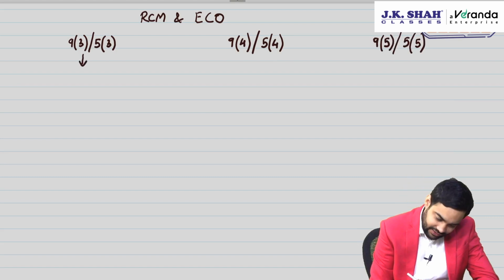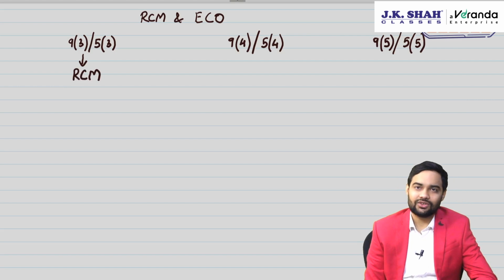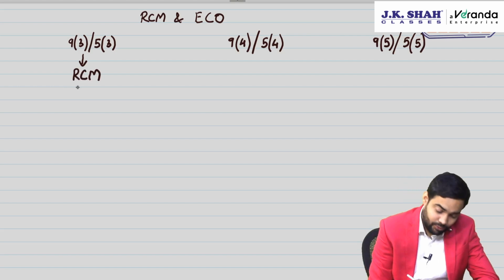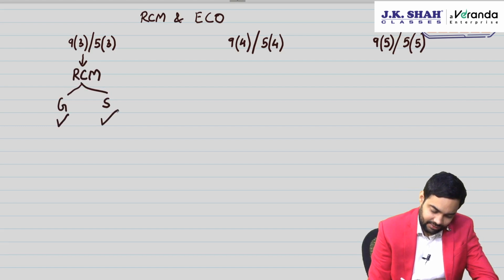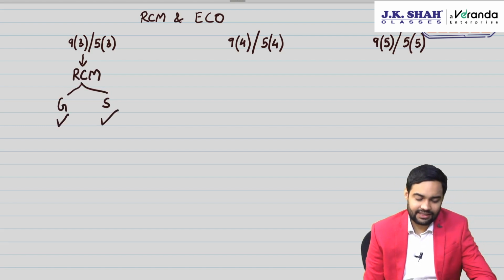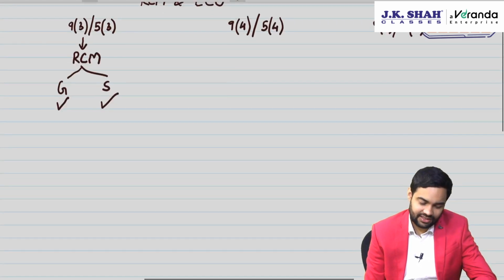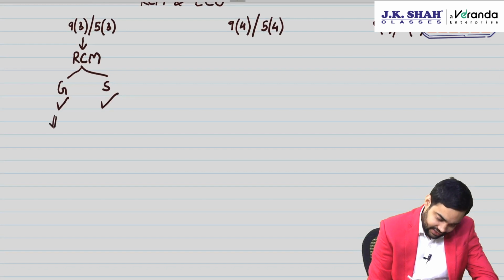Now 9.3 deals with reverse charge mechanism for notified goods or services. Both goods as well as services are there in our syllabus. So first let's deal with the goods which are covered under RCM.